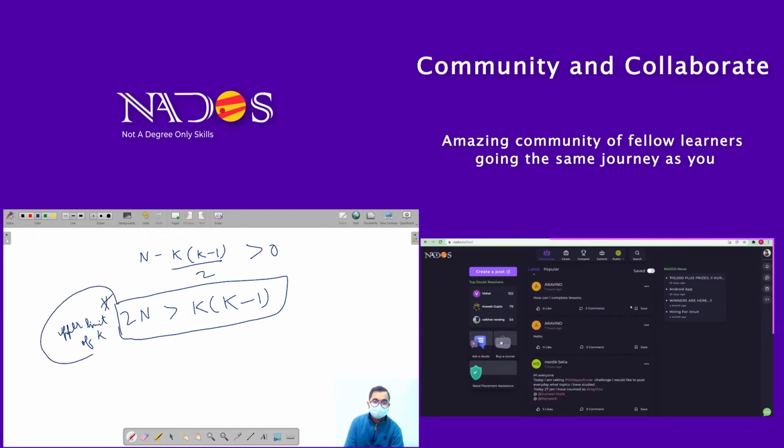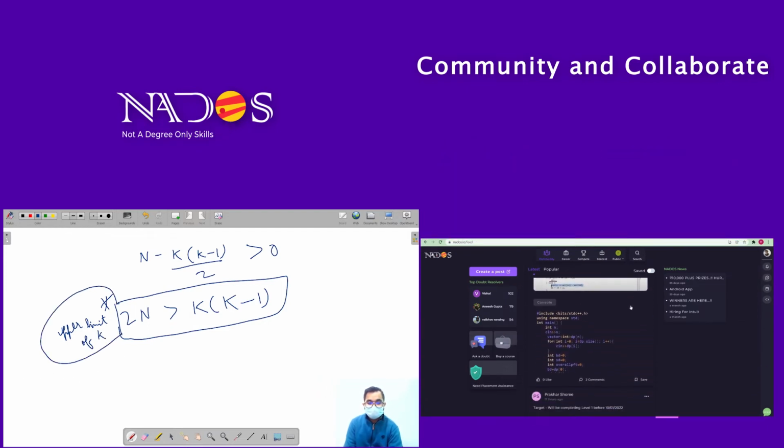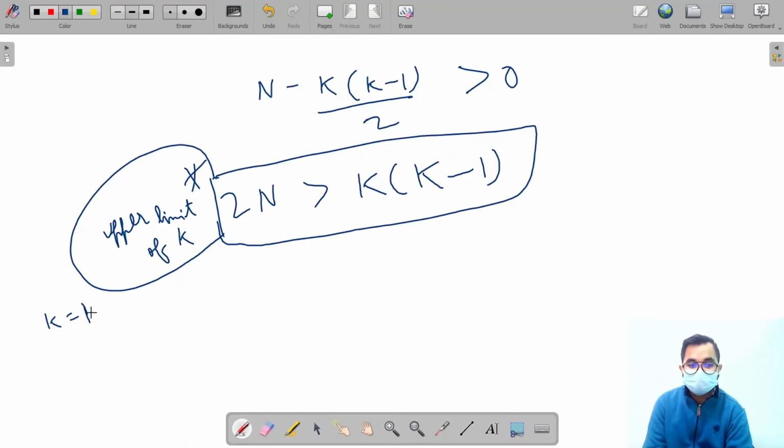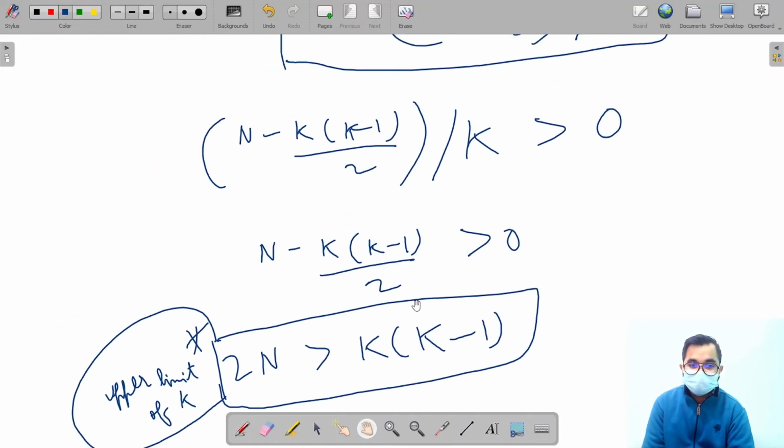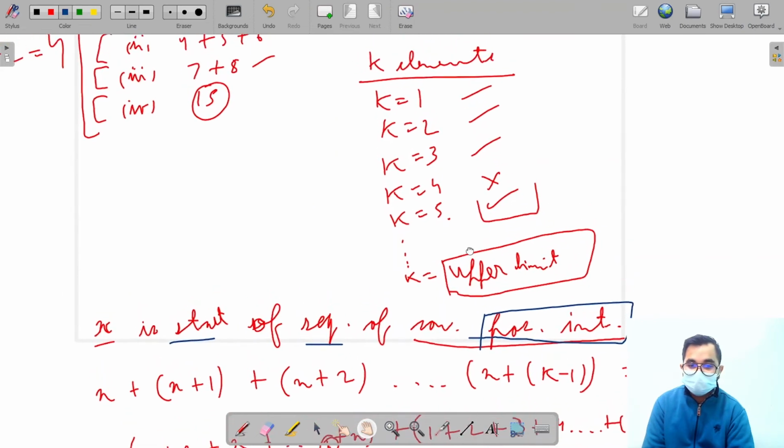This is going to tell me the upper limit of k because I already know k is going to start at 1 and I don't know where it is going to end. But now I know this is the upper limit for k. Now I'm going to check only for these values. I will run a loop from 1 and I will use this equation for the condition of my loop. Okay, now we know how we can find the upper limit for k.